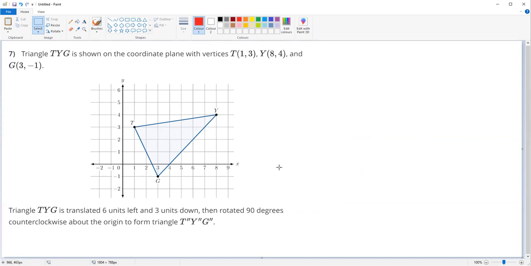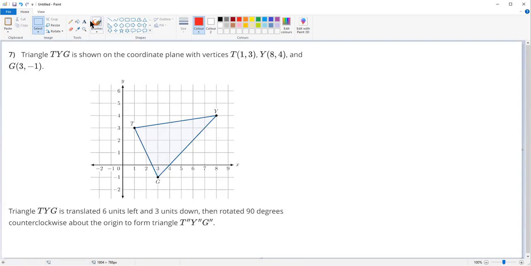And then it tells you that it was shifted 6 left and 3 down, then rotated. It wanted you to figure out what double prime was. So the best way to do that, I believe, is to do the table method. T, Y, G.